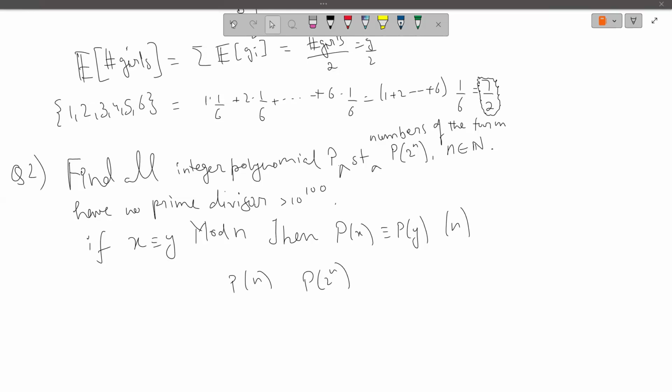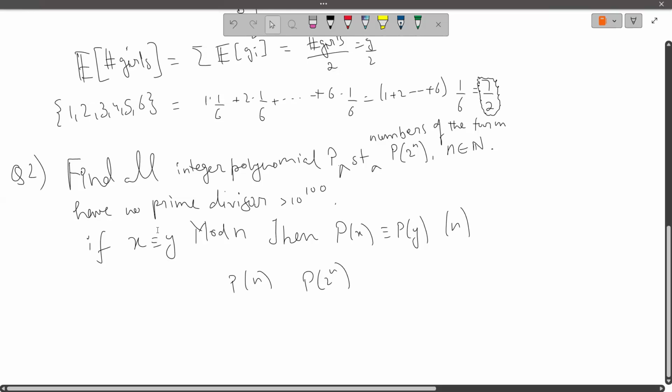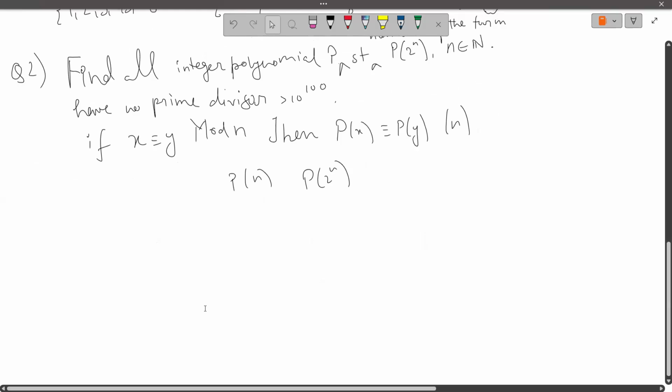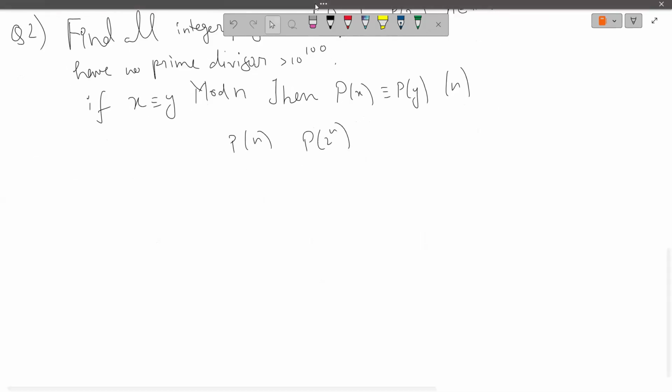What next? Wait, I didn't quite get that other terms thing. Could you repeat? Oh, yeah, so he meant to assume that P of 0 is in fact 0. So you would have that P(n) is equal to n times some Q(n), right?